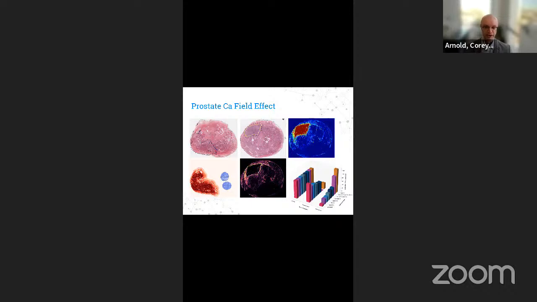The middle bottom image here is an uncertainty map. We ran our model under different conditions and looked at the variance in the probability of predicting cancer. And we see high uncertainty around the margin of the cancer in certain places. That tells us there might be something going on there, and we're looking more into that at the moment.